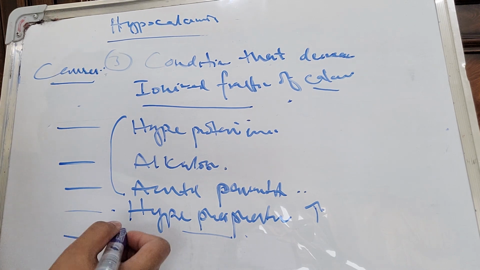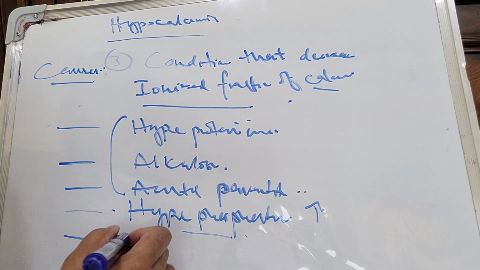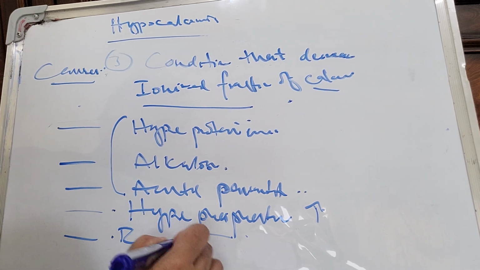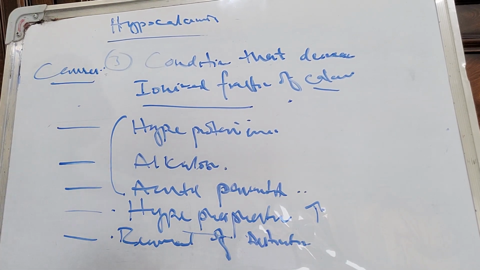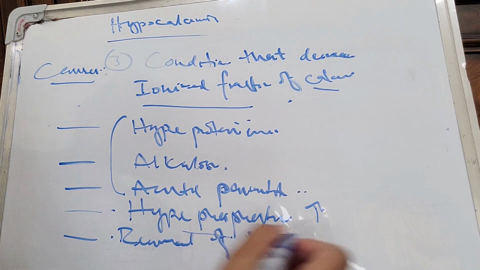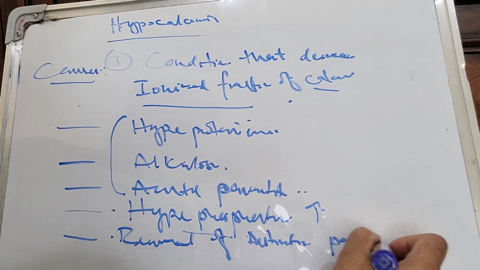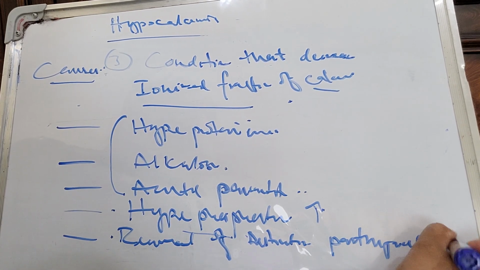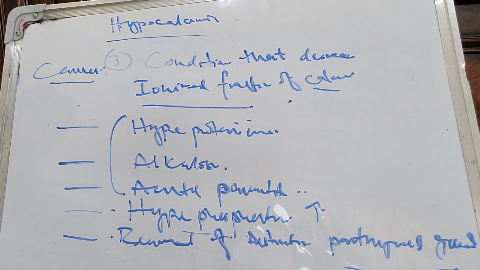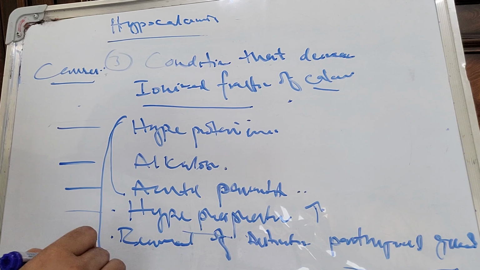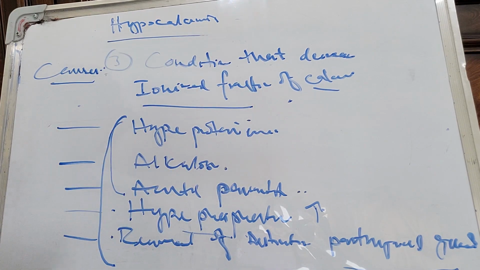And the last cause is removal or destruction of the parathyroid gland. If the patient has removal of the parathyroid gland, it also causes hypocalcemia. So all these causes can decrease the ionized calcium in our body.